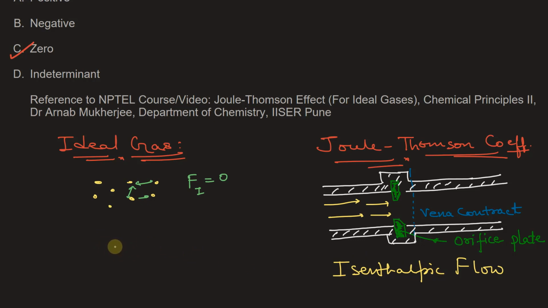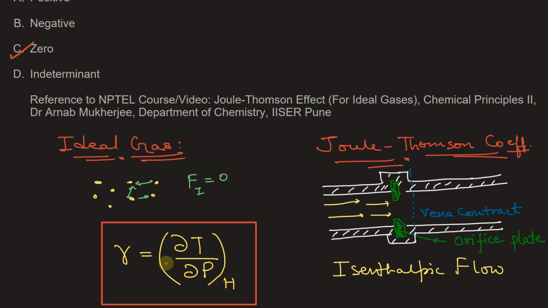The Joule-Thomson coefficient is written as gamma. It can be represented by gamma equal to dou T by dou P, that means the partial derivative of temperature with respect to pressure, since the temperature is changing with respect to pressure at constant enthalpy. H remains constant. So this is the expression of the Joule-Thomson coefficient.